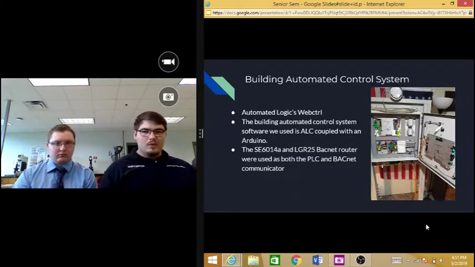So what did we use for the control system? We were very fortunate to have people at Cornell University loan us some of the LGR and SE module ALC controls.